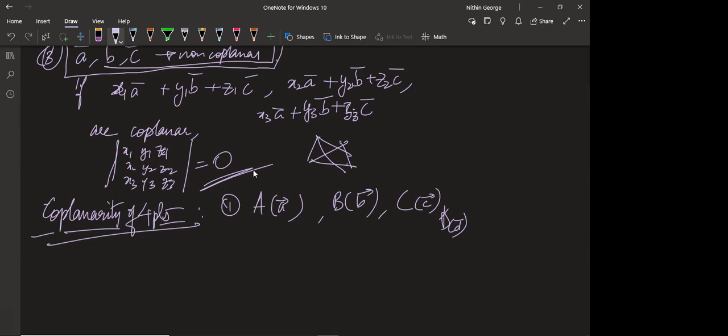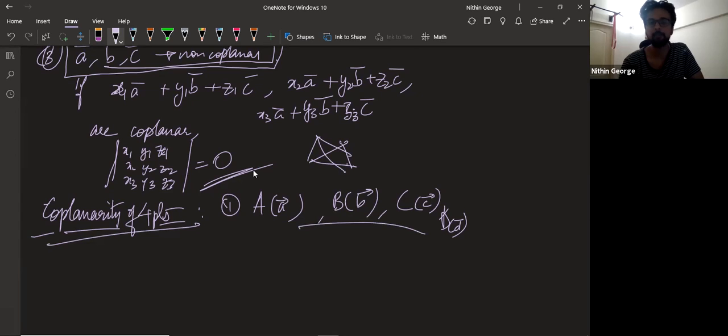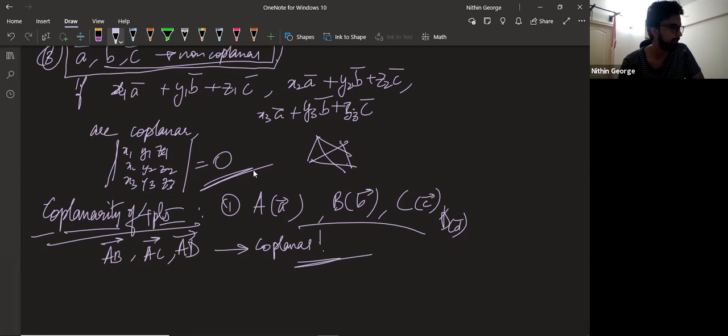So here, how do we check if they are coplanar? You have 4 points given, you form 3 vectors out of them: AB vector, AC vector, AD vector. Check if they are coplanar. Just prove that these 3 vectors are coplanar.